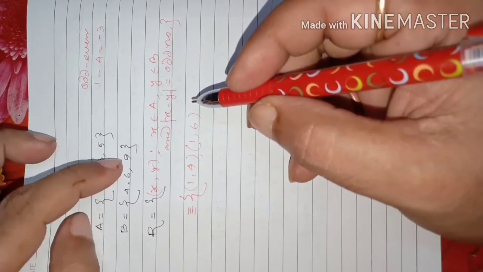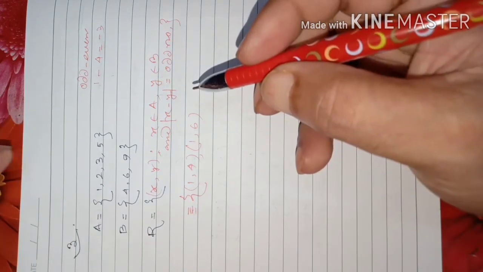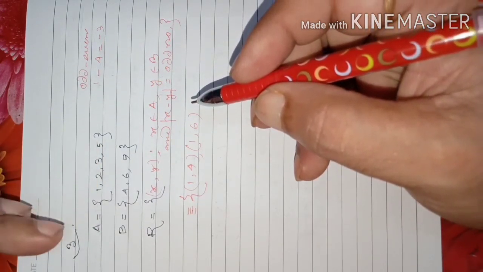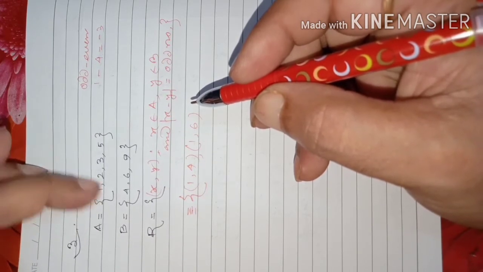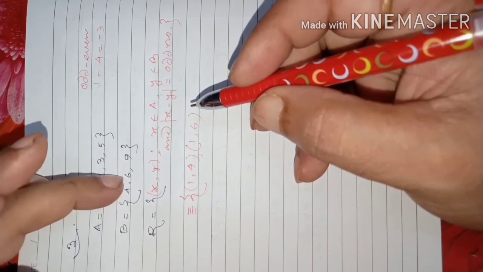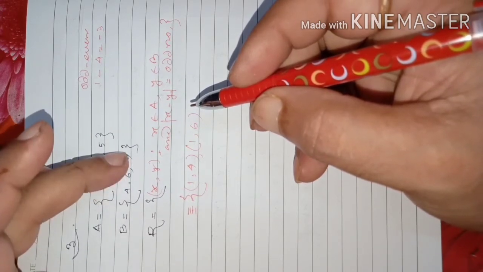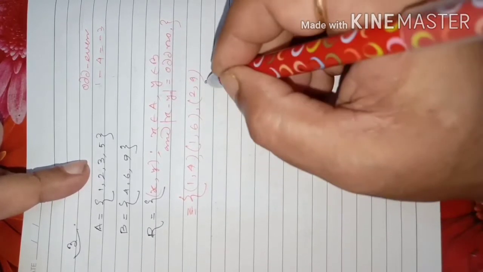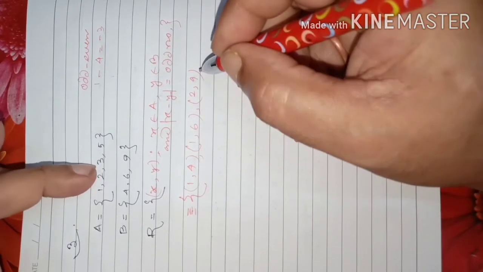No, 1 minus 9 is 8, an even number. Now check 2. 2 minus 4 is an even number. 2 minus 6 is an even number. 2 minus 9 is 7, an odd number. We can take 2 and 9, (2, 9).